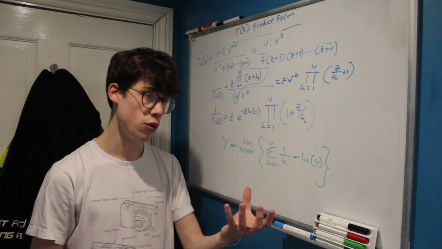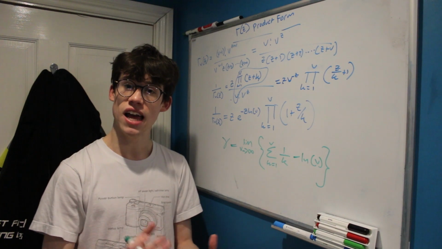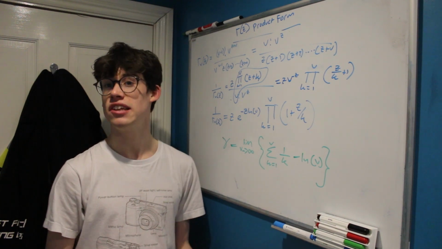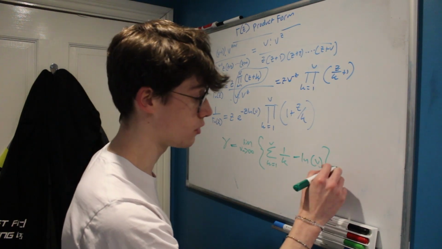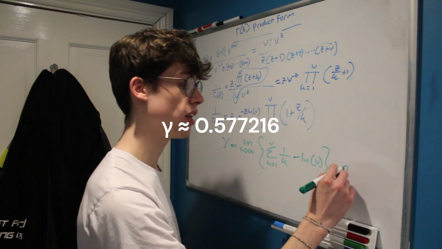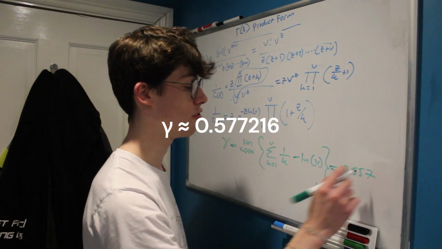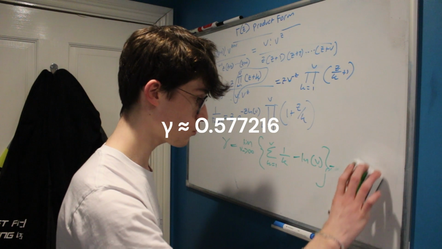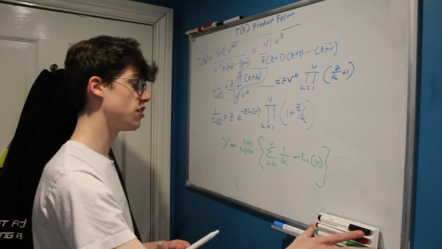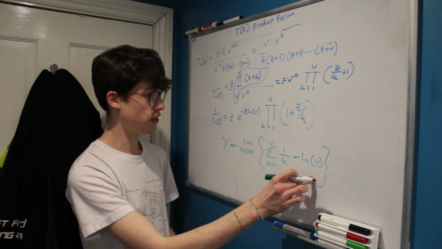But these two grow towards infinity such that there is a limiting difference and it's a constant, which is called the Euler-Mascheroni constant. I think it's something like 0.577, I'm not exactly sure. But we're going to make use of this limiting difference.